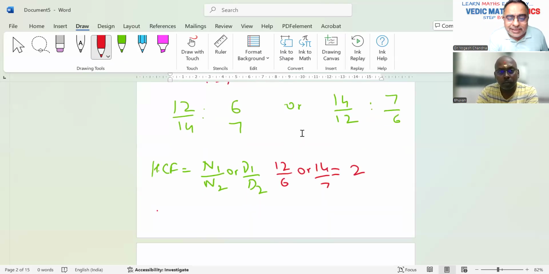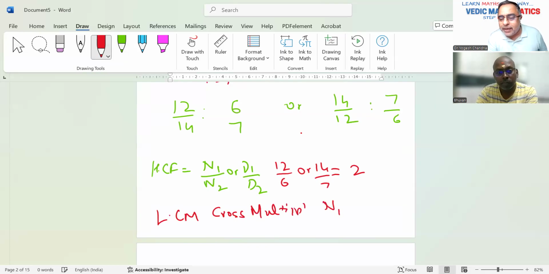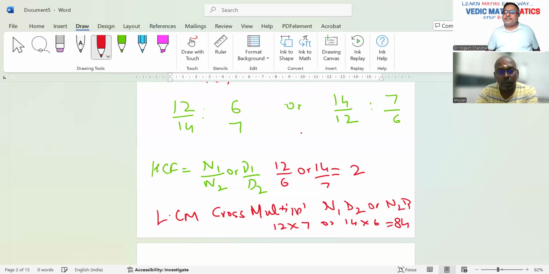And LCM is cross multiplication. So that is N1 D2 or N2 D1. So 12 into 7 or 14 into 6, it is 84. Now clear?